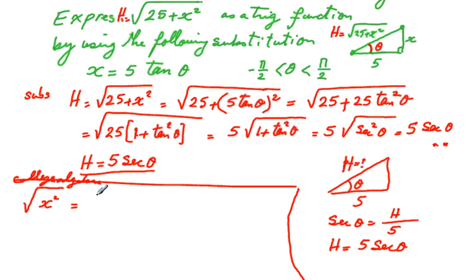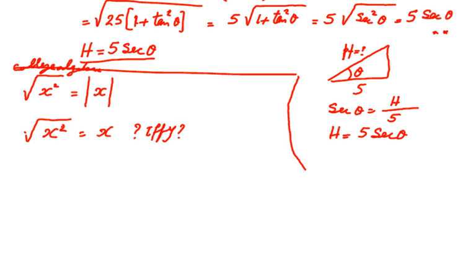When you're solving an equation, you take a plus or minus, but a radical is one answer by definition. So the correct answer is the absolute value of x. Okay, the most common thing is to say square root of x squared is x. This is not really correct. This is a bit iffy.